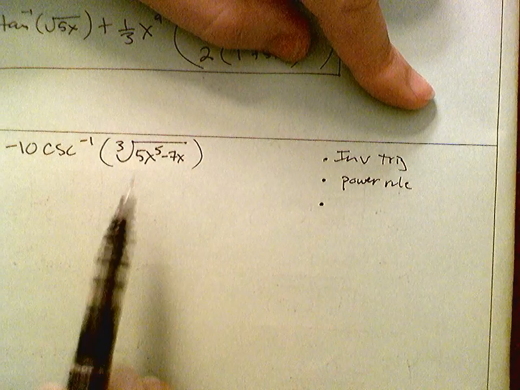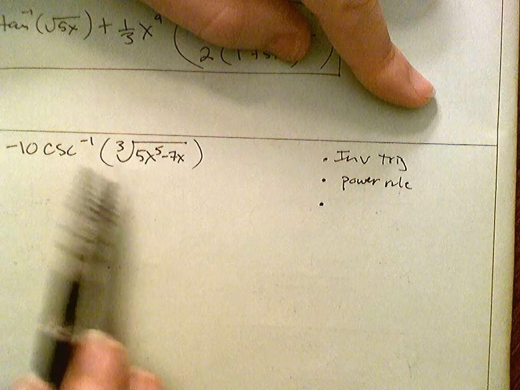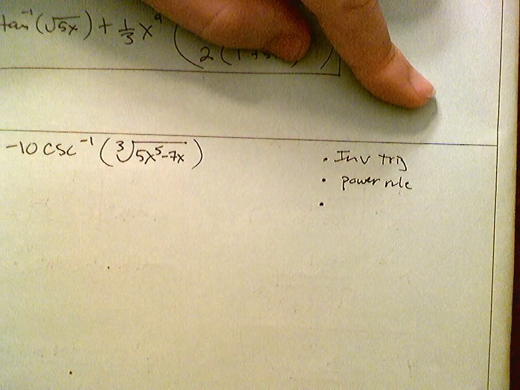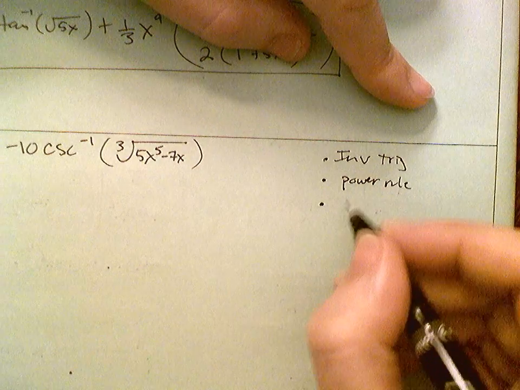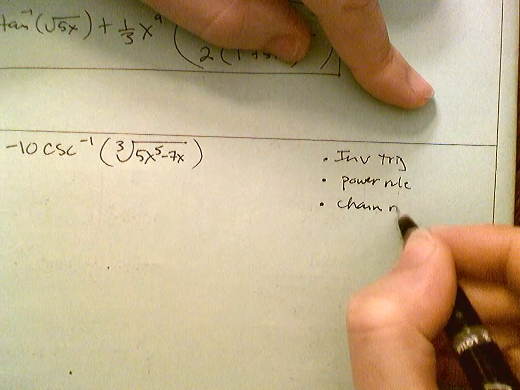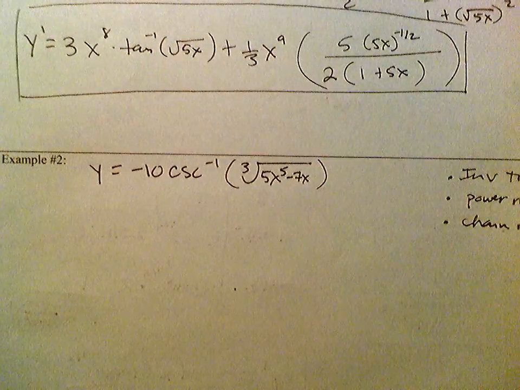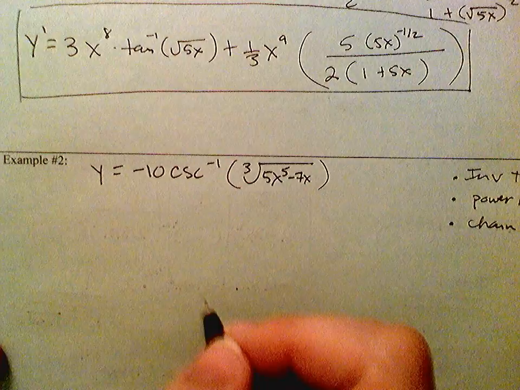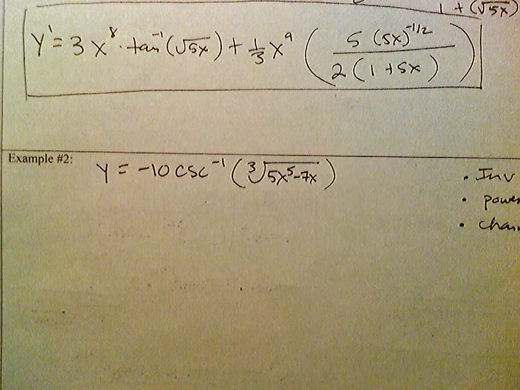And then I do see functions within functions. I see 5x to the 5th minus 7x underneath this cubed root, which is also inside of the inverse cosecant function. So this is definitely chain rule, double chain rule to be exact. There's no product rule or quotient rule here.